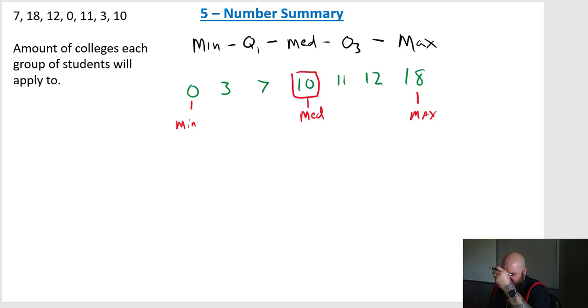So the only other 2 numbers we need to figure out are our first quartile, our Q1, and our Q3. There we go. So since it's odd, 7 values we have here, in our lower quartile, we have 3.